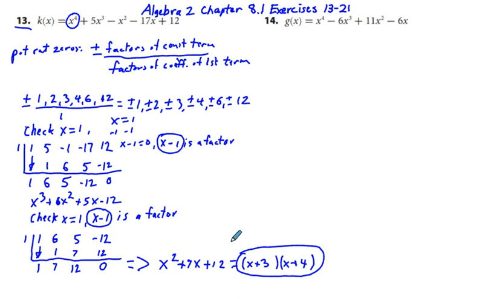So in factored form up here, I'm going to rewrite this as k of x is equal to quantity x minus 1 times quantity x minus 1 times quantity x plus 3 times quantity x plus 4.